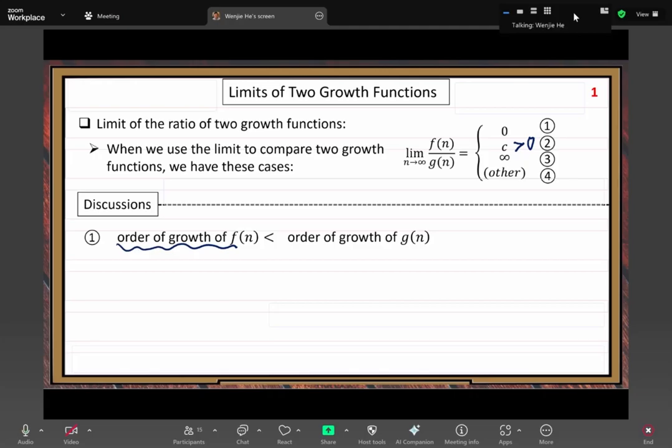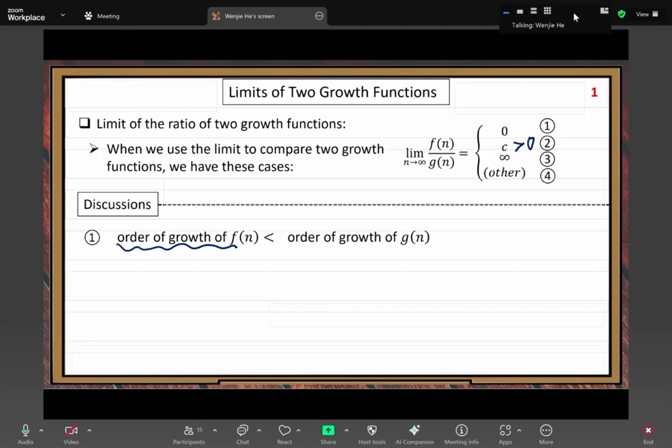If you go back to the polynomial topic in module 1 part B, we have the order of a polynomial. Another concept we can also call the degree of a polynomial. So here we have this order concept: the order of growth of a function.